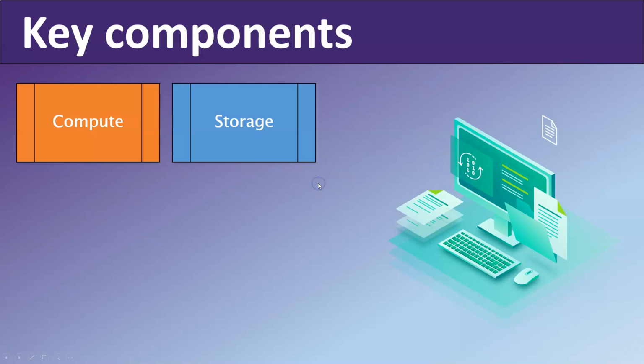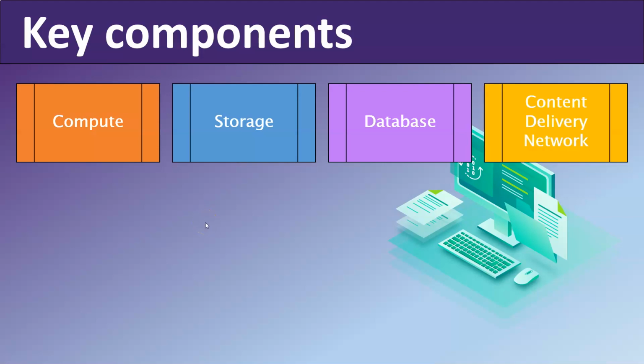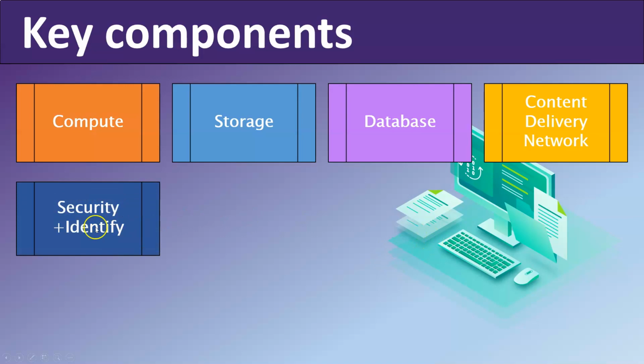Okay. Now the next component is database. So here we'll talk about Azure Database for MySQL or Cosmos DB. Next component is CDN, which stands for Content Delivery Network, and which is very important for a developer to understand. Next component, security plus identity.